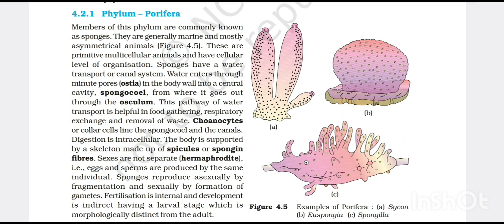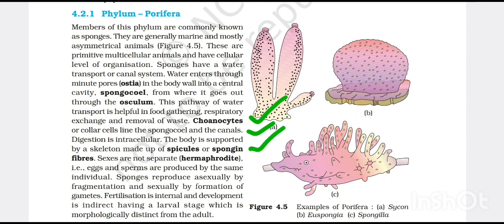Choanocytes or collar cells line the spongocoel and the canals. Digestion is intracellular. The body is supported by a skeleton made up of spicules or spongin fibers.